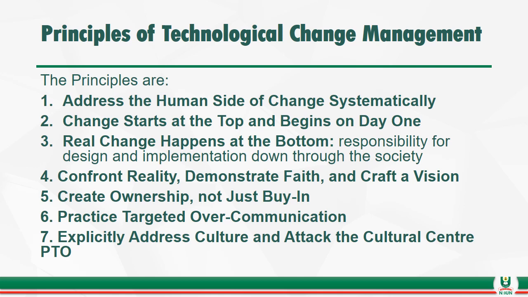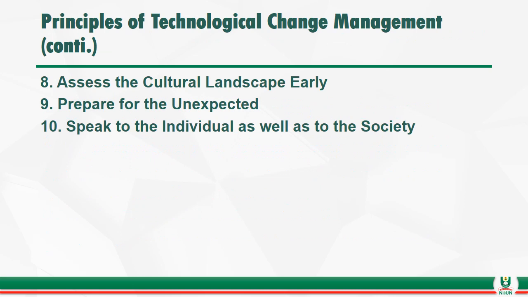over communication. Practice targeted over communication will help us in overcoming resistance. Seven: explicitly address culture. Eight talks about assess the cultural landscape early, nine talks about prepare for the unexpected, and ten speak to the individual.